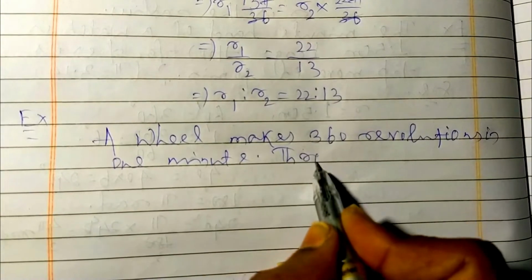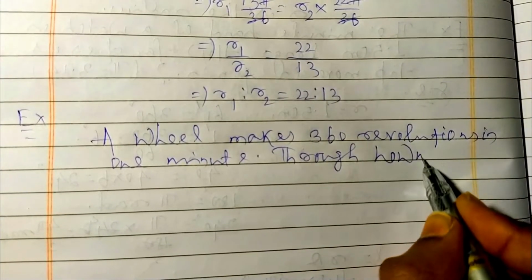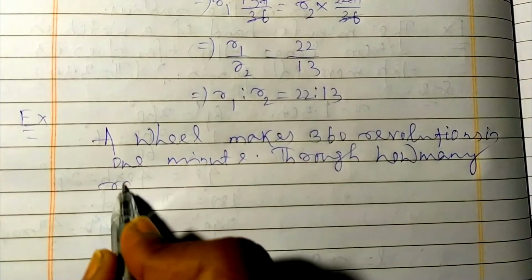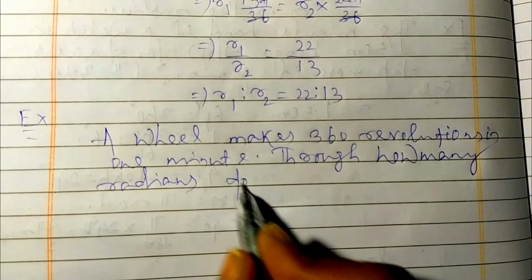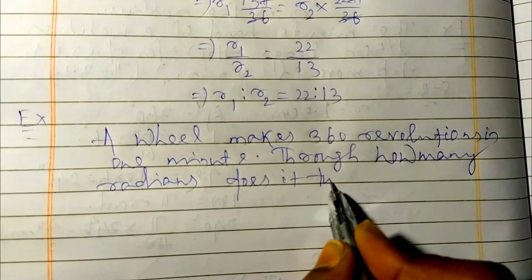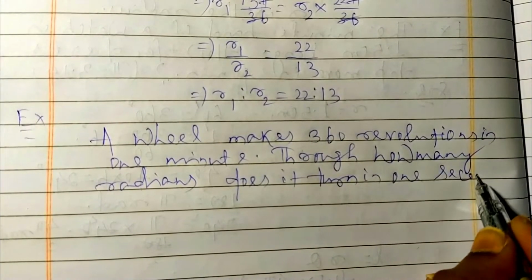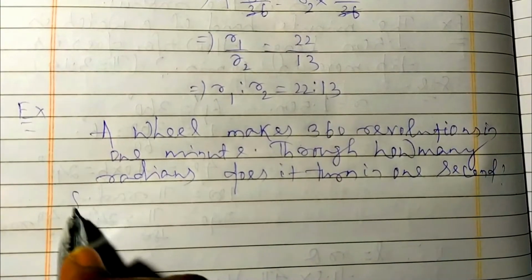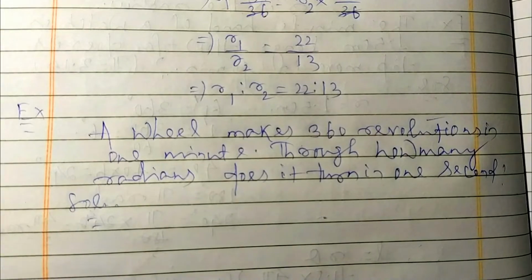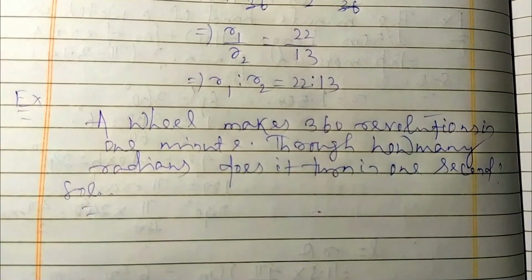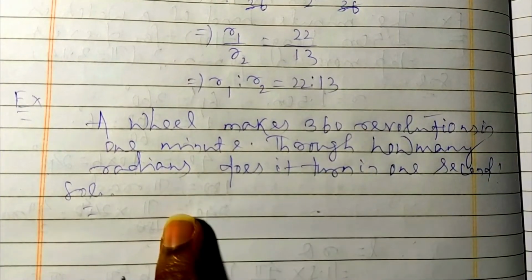Through how many radians does it turn in 1 second? 1 minute means 60 seconds. In 60 seconds, the number of revolutions is 360.